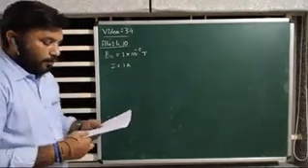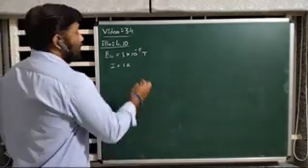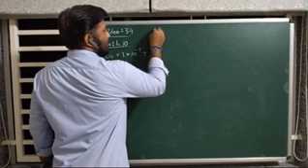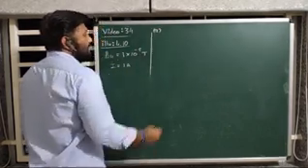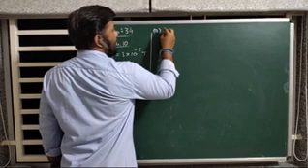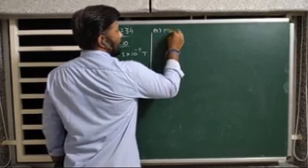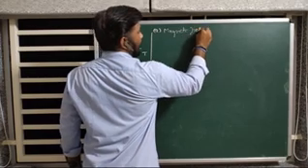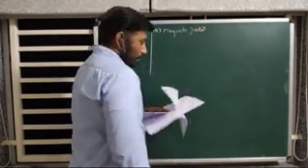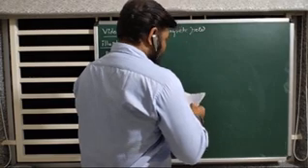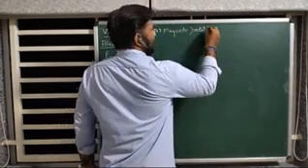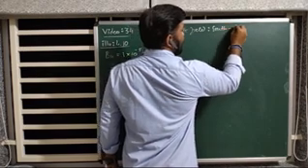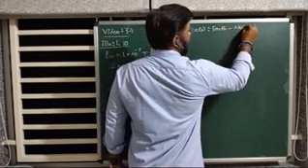Now, what to do? There are two cases. In the first case, the magnetic field is along south to north.